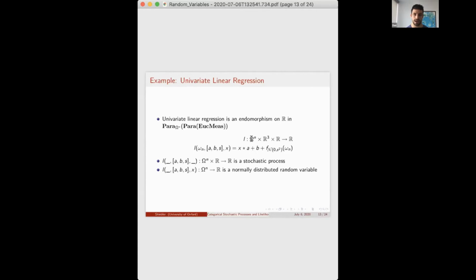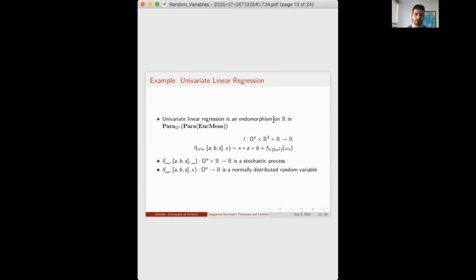Then our actual stochastic process has this structure where we have this expectation term, and then we have our noise term, which is how the randomness itself is captured. For any set of parameters, our univariate linear regression is a stochastic process. For any pair of parameters and inputs, it is a normally distributed random variable. And this univariate linear regression is then an endomorphism on R.